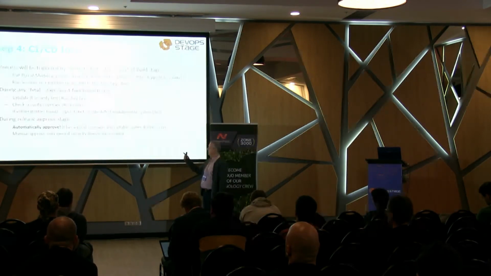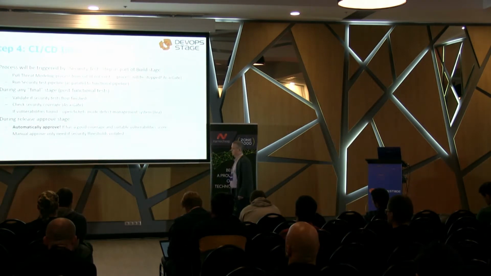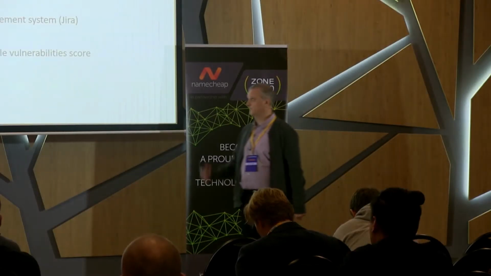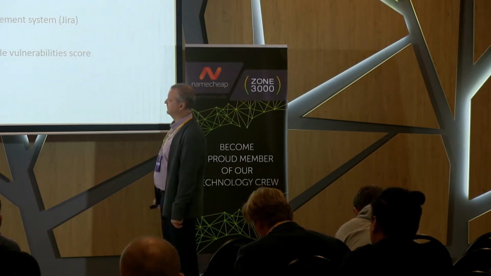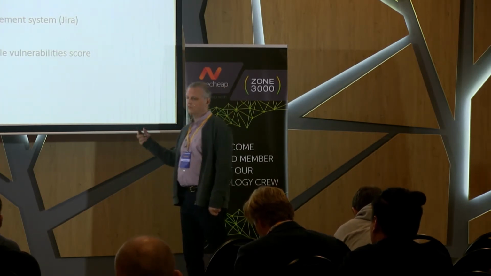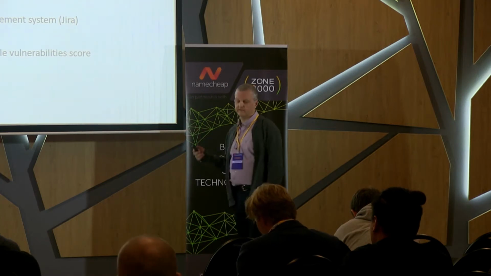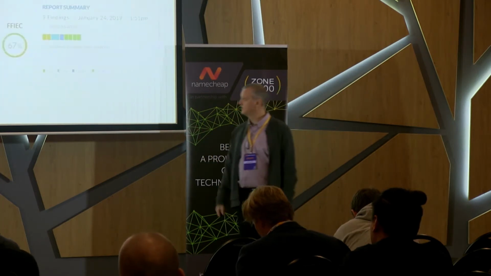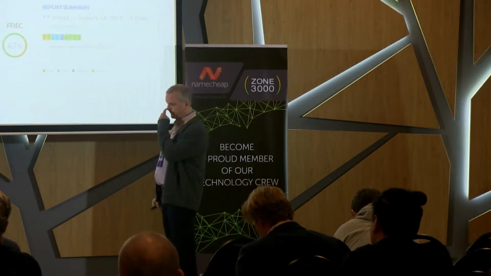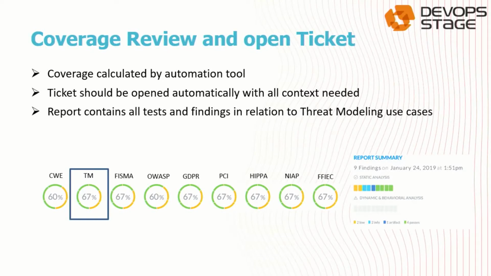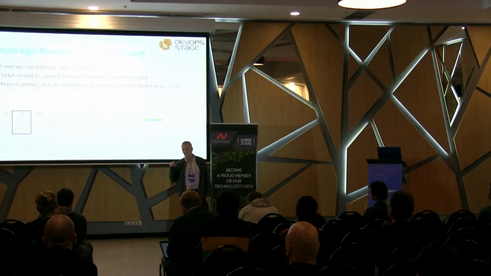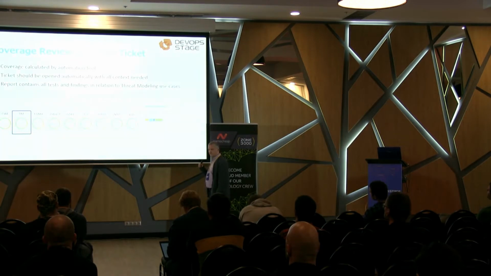Then if you have continuous deployment as part of your pipeline, we can also introduce a go, no-go decision based on the threat modeling coverage. So how does this work? As you know, the reporting tools provide some kind of coverage metrics here, for example, for known risk databases like CWE, OWASP, GDPR, PCI, etc. Remember the labels we have in the YAML file for each threat.